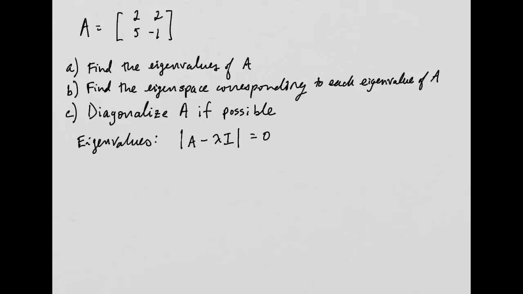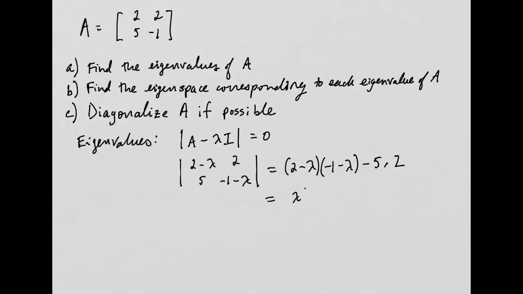So we subtract a lambda from each of the diagonal elements of A. Compute the determinant using the formula for the determinant of a 2 by 2. And I'm going to skip a little bit of that algebra there and just write down the quadratic equation that we'll get.